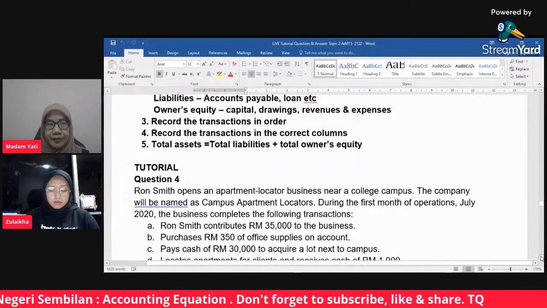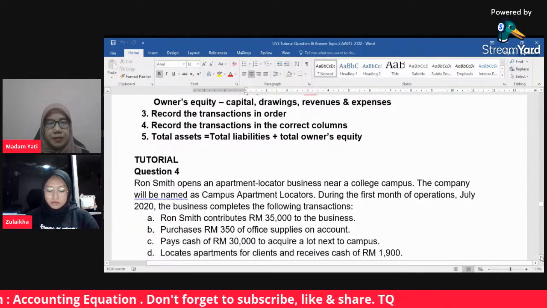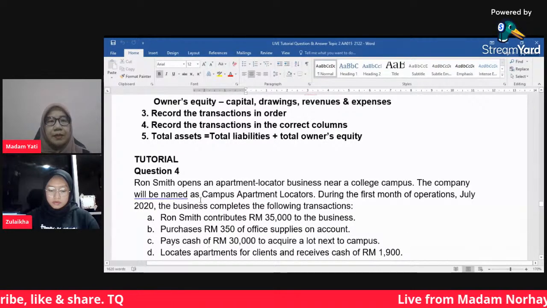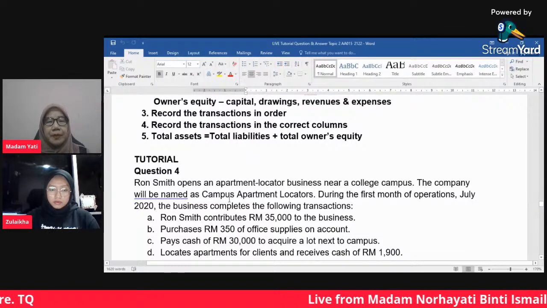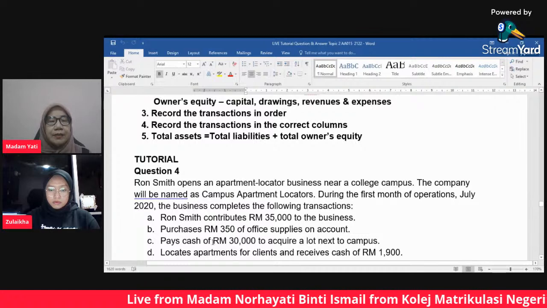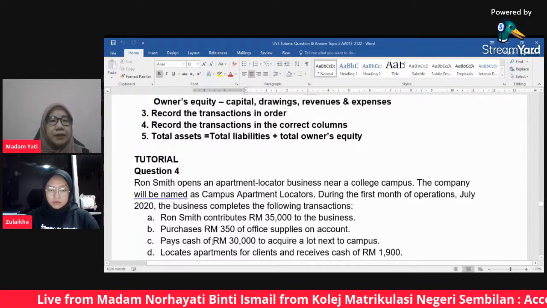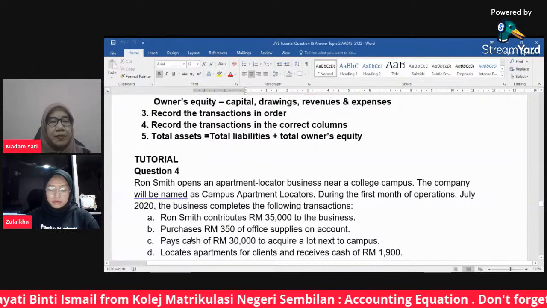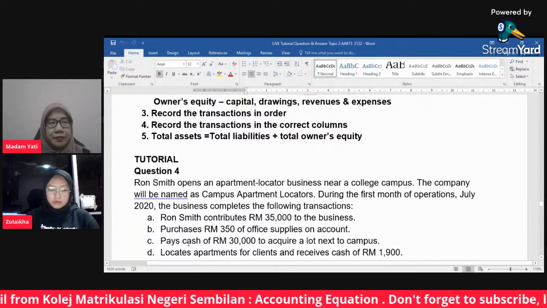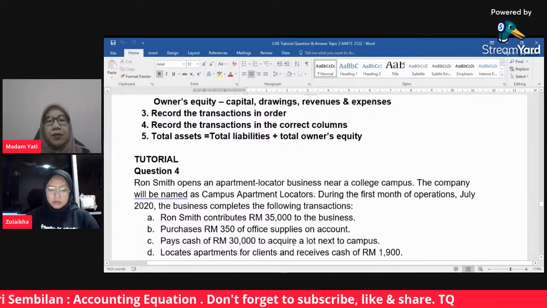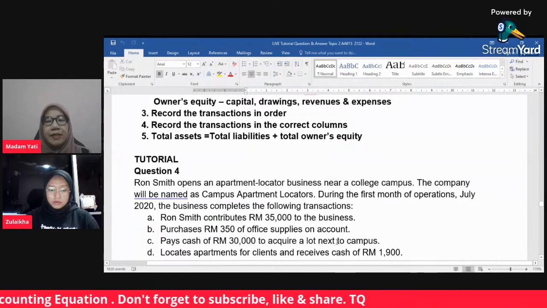Okay, C, pay cash of 30,000 to acquire a lot next to campus. So kita, the company ialah campus apartment locators, pay cash. So it will reduce the asset, decrease in asset, tapi kita kena specific apa dia account dia, cash. Yang tadi office supplies kan. So 30,000 to acquire a lot next to campus.